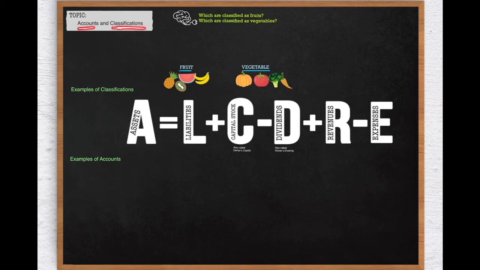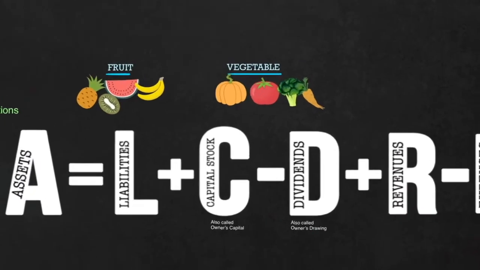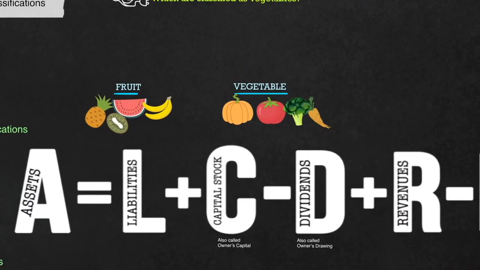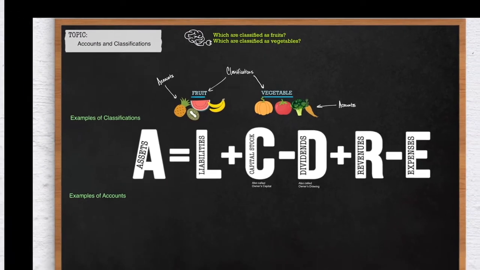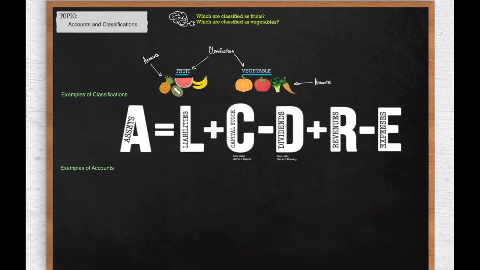Our classifications in accounting come from the expanded accounting formula. Again, in our opening example, our classifications were fruits and vegetables. So we had examples, and those examples we were just classifying, right? In accounting, those examples are actually called accounts. I'm going to repeat: the examples that we were classifying are called accounts in accounting. Now, bear with me.